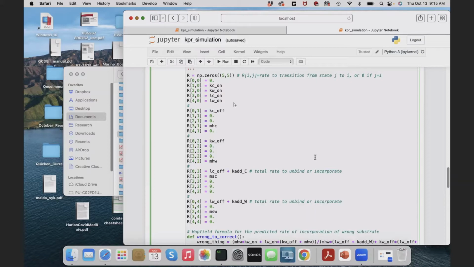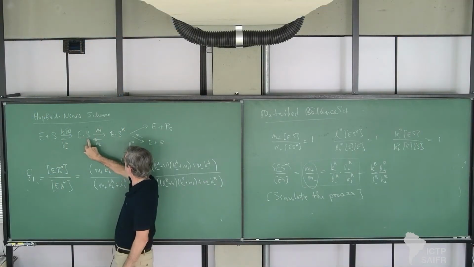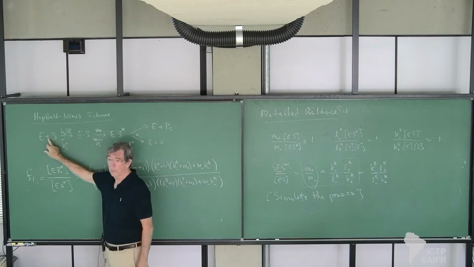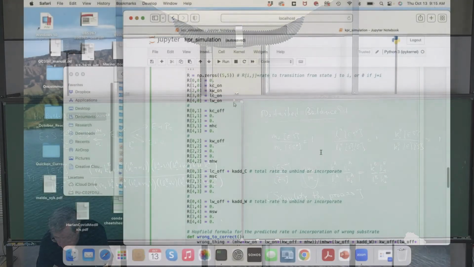So the parameters say that for any state from 0 to 4, there's some probability in the next step of making a transition. There's a rate for making a transition to any one of the other 5 states. Many of them are 0, right? Because if you're in this state, all you can do is go to the excited bound enzyme or back to the unbound enzyme. So many of these transition rate elements are 0.